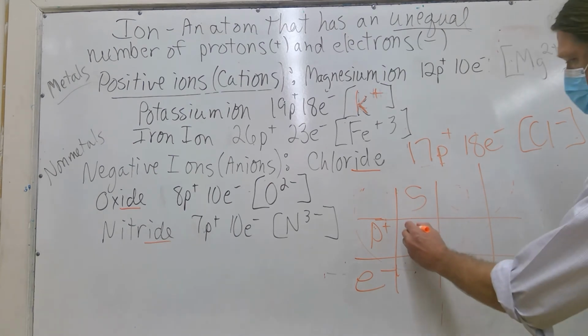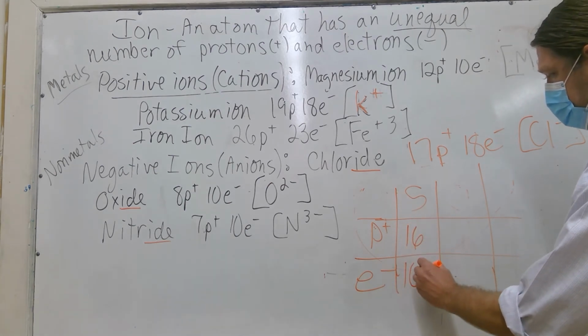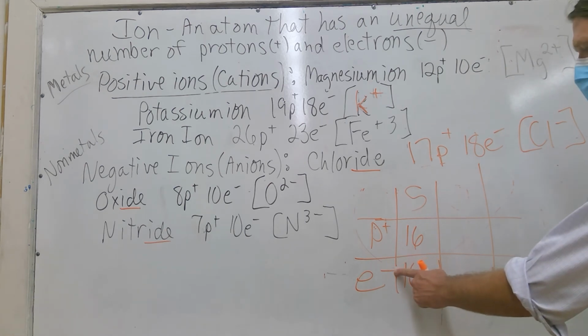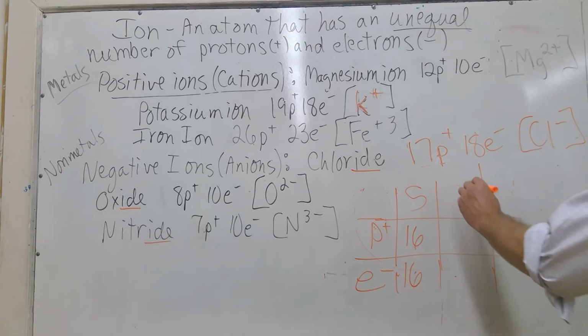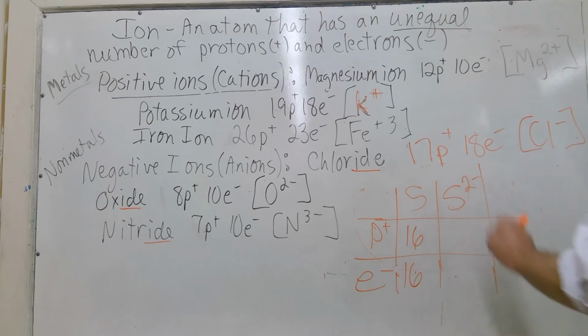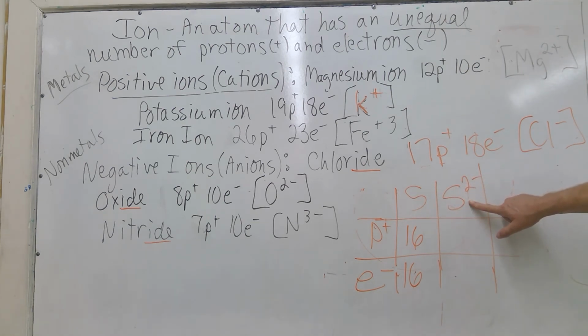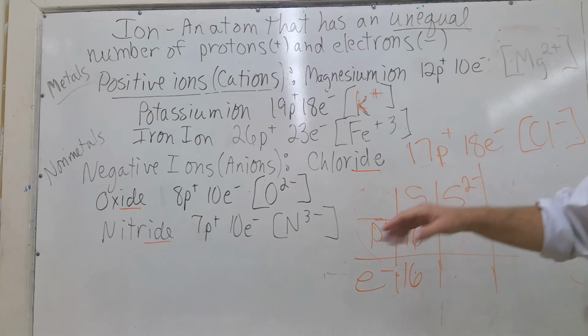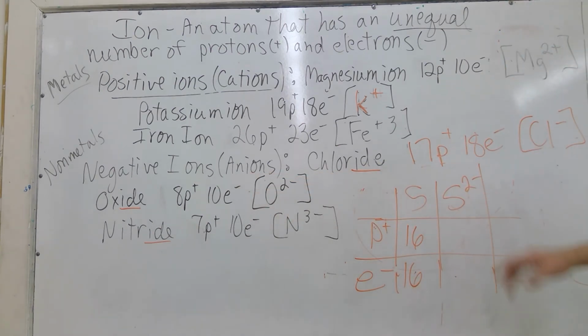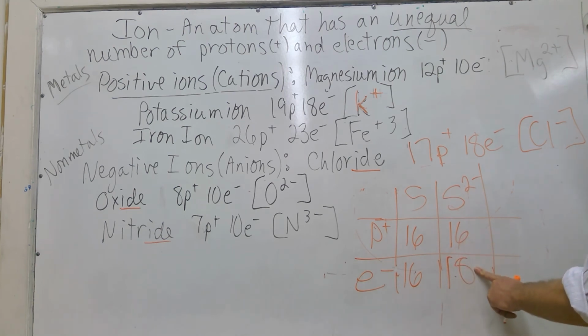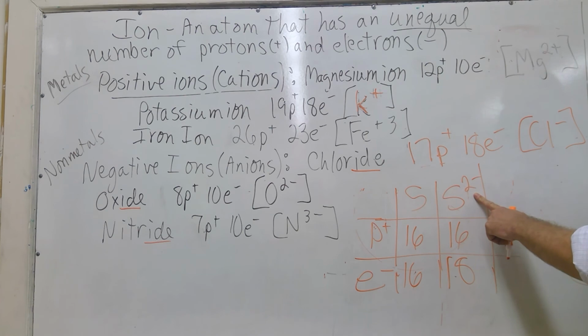You could guess correctly, they would have 16 protons and 16 electrons. But if you see this symbol, this is sulfide. This is an anion form of sulfur. So how many protons and electrons would we see here? 16 protons and 18 electrons, denoting the gain of 2 electrons.